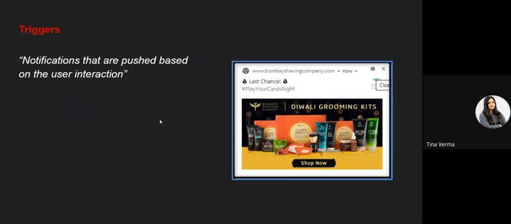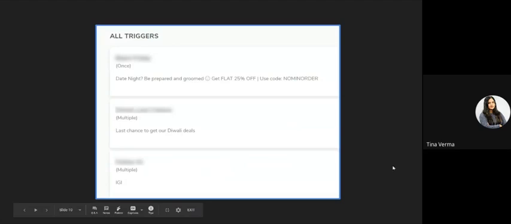Next would be triggers. As you can see in the image here, all these are examples of the notifications that are being sent from our client's end. Bombay Shaving Company is quite an old company for grooming products. They're using the source of notifications as triggers. What triggers let you do is send notifications to your subscribers based on their interaction on the website. These are all the triggers that they have used. Let me give you an example.